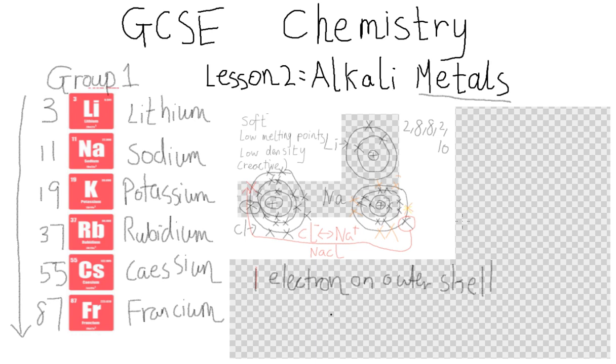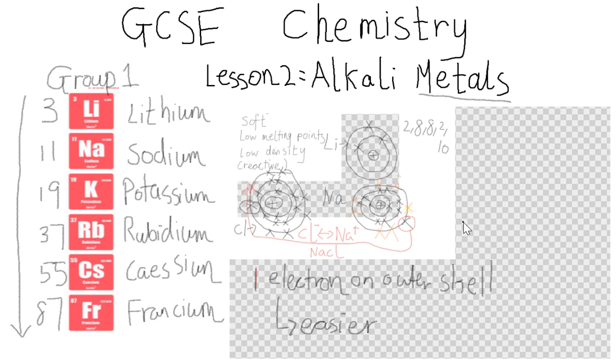And this makes it easier, because the pull from the nucleus to the outer shell electron will be smaller as you go out. That's why it's so reactive: the electron gets out, and then they get together, and a new compound is formed. That's how sodium chloride forms, and things like that.